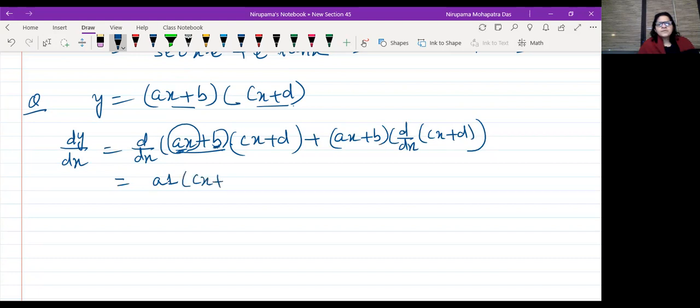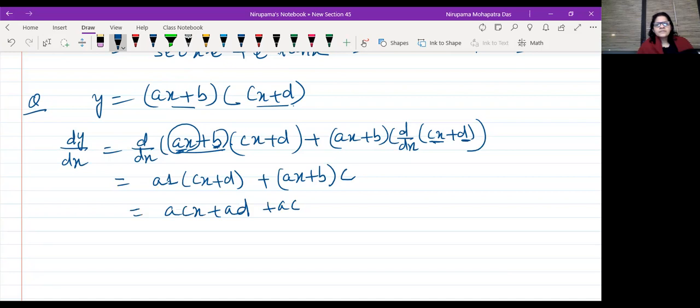And (cx plus d) here, plus (ax plus b). Then here d by dx of cx will be c, d by dx of d is 0. Okay. So it means you are having acx plus ad, and plus acx, yeah, plus dc.